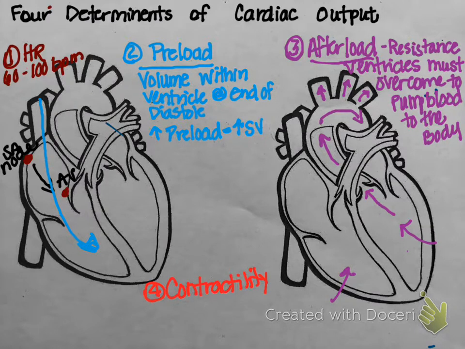Okay, so then the fourth determinant of cardiac output is contractility. And this is how hard the myocardium contracts. And the heart's a muscle, right? So how good a shape is that muscle in? Is there any damage? Is it atrophied? Is it too big? Is it dilated and it's too small?